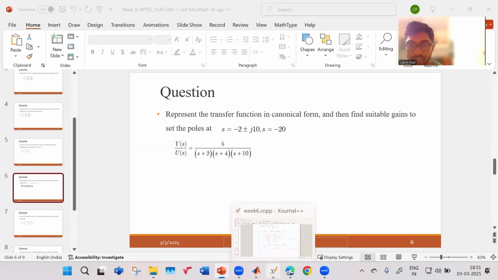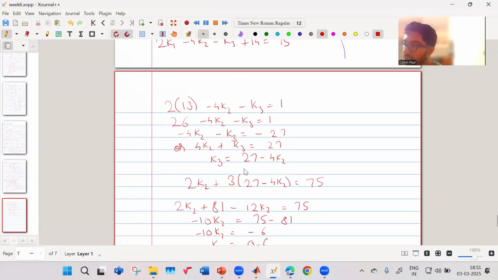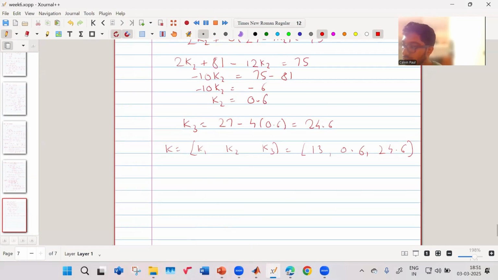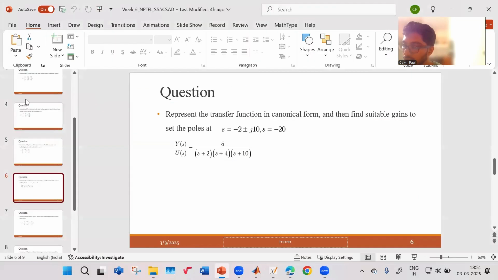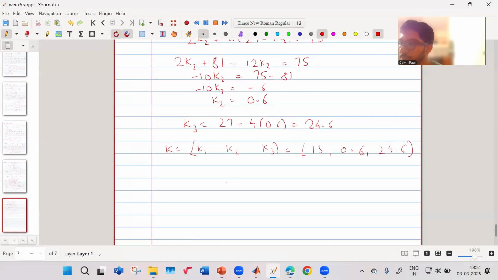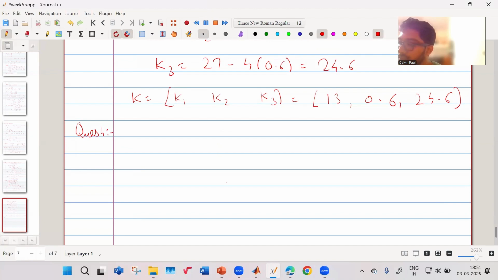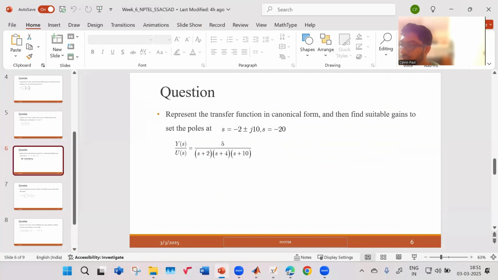So let me come over here. This actually is which question? I think question 4. 1, 2, 3. So question 4. So we are told that we have to place the poles at these locations, right?